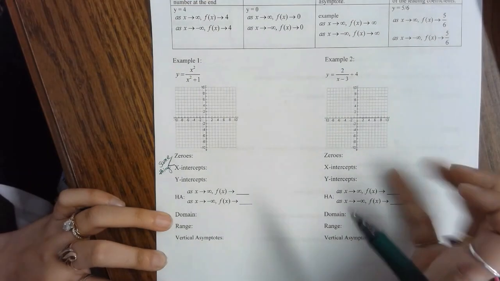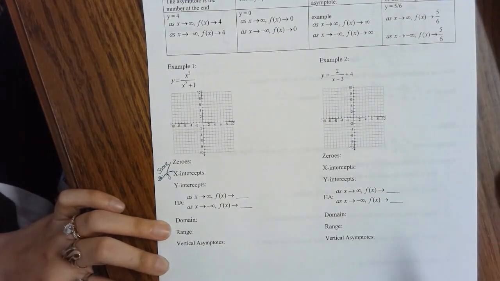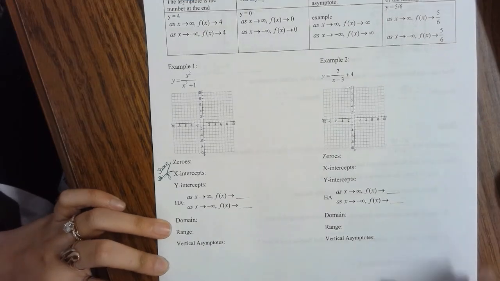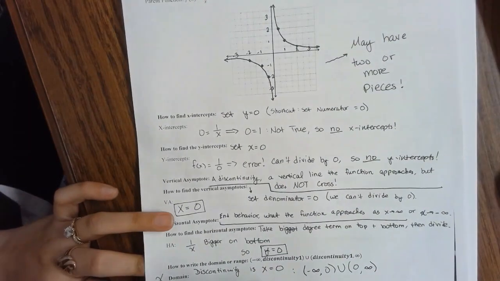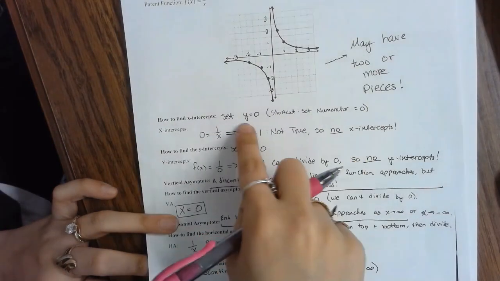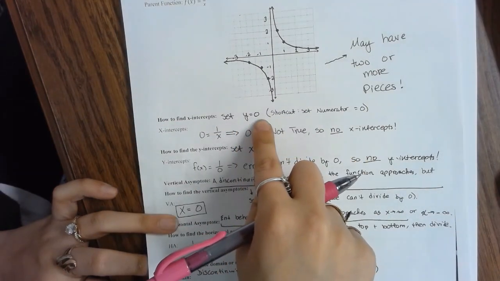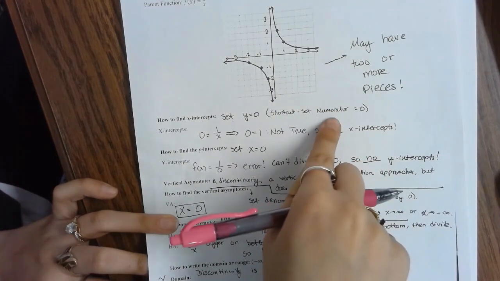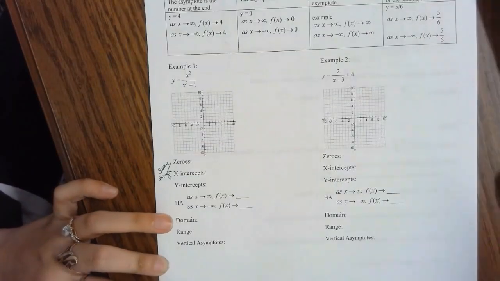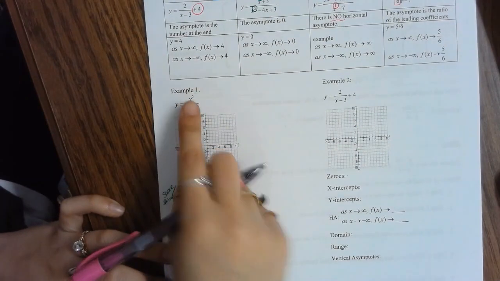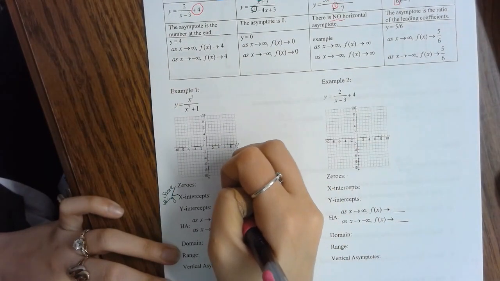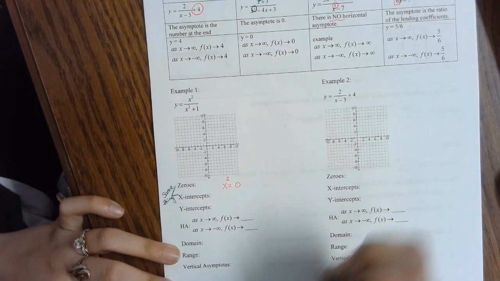Less work that way. If we look back on the first page, to find a 0 or an x-intercept, we either set y equal to 0 and solve, or we set the top, the numerator, equal to 0 and solve. So I'm going to take the top of our fraction, x squared, and set it equal to 0.